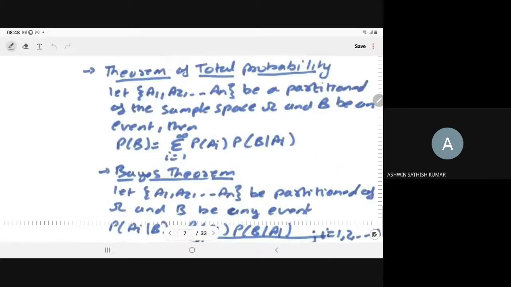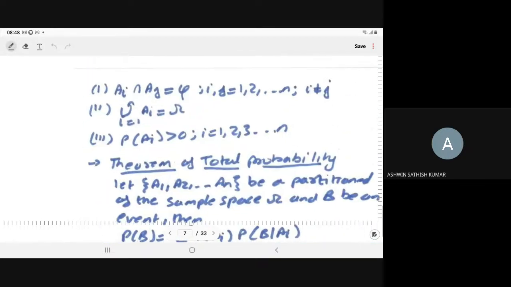Each event must be pairwise mutually exclusive, their countable union must cover the complete sample space, and each event has positive probability.